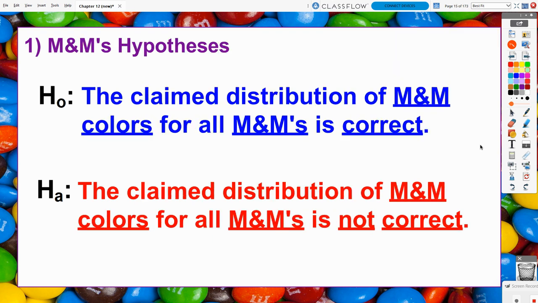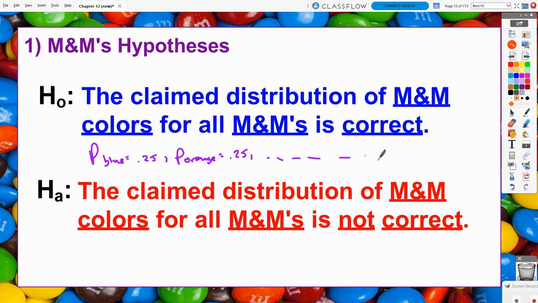Now, what does our hypothesis look like for our M&Ms? So again, that's more like the varying one. So we're going to say the claimed distribution of M&M colors, that's our categorical variable of interest, for all M&Ms, and again, remember, it's all plain M&Ms, is correct. So I don't have to specify what the claimed distribution is, but only if I wanted to write out that blue is 25%, and that the proportion of orange is 25%.